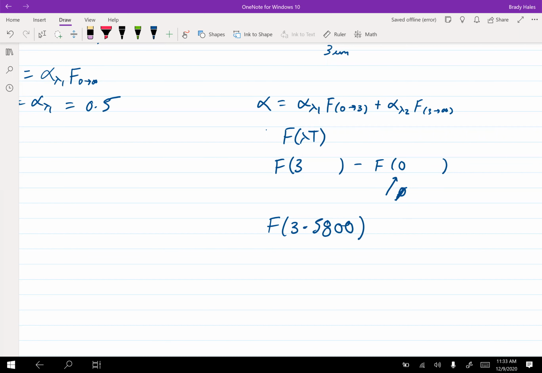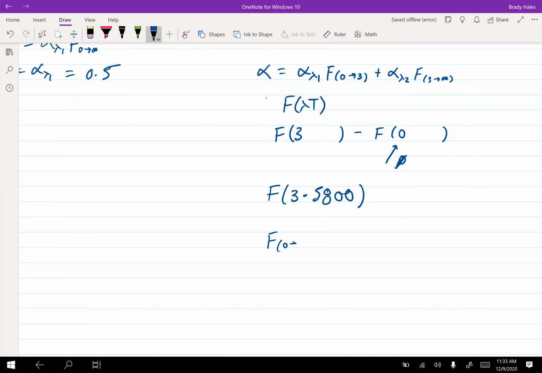Now for the second part, how do I integrate from 3 to infinity? Well, remember that f0 to 3 plus f3 to infinity has to be equal to 1. When we integrate over all wavelengths, we're taking the emitted power over all wavelengths divided by the emitted power over all wavelengths, so it always has to be 1.